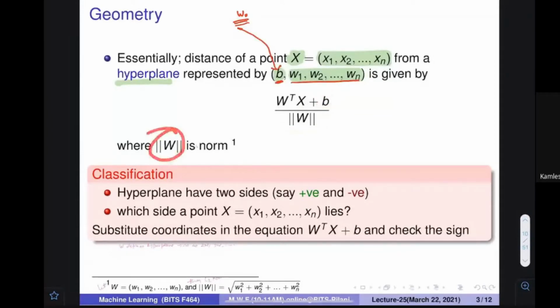This w is the L2 norm, as you know, and the L2 norm is defined by the square root of the summation of the square terms. Any questions on that till now? We have only talked about this: we have a line or hyperplane, and we want to find the distance of any given point from this hyperplane. We have seen that this equation can help you.